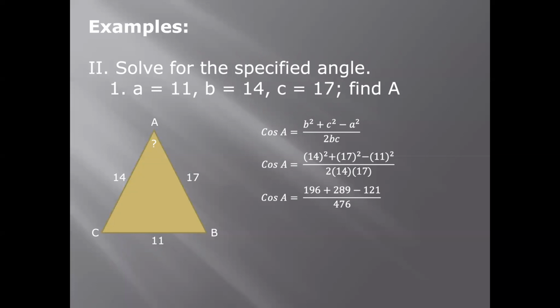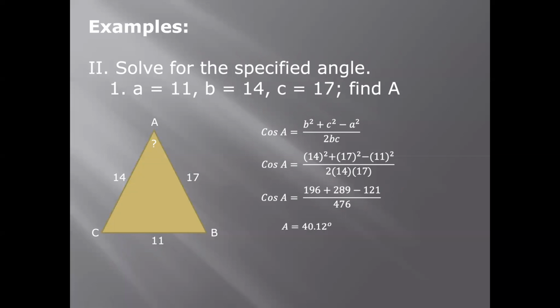In order to get the final answer, we'll press Shift Cosine and then let us input these values in our calculator. So Shift Cosine and then input 196 plus 289 minus 121 all over 476.